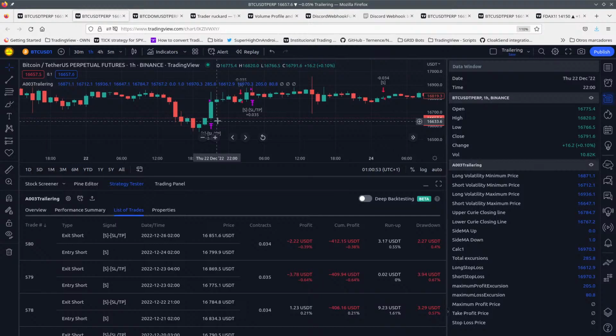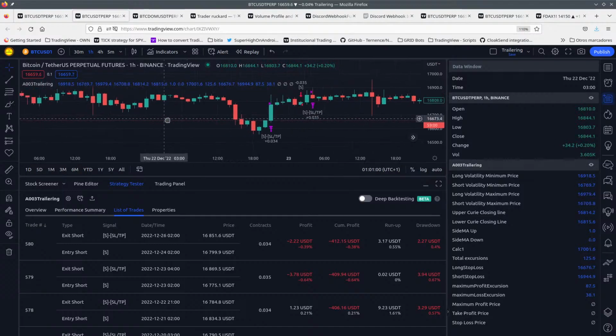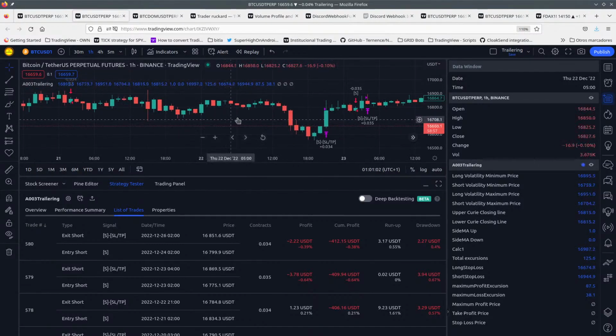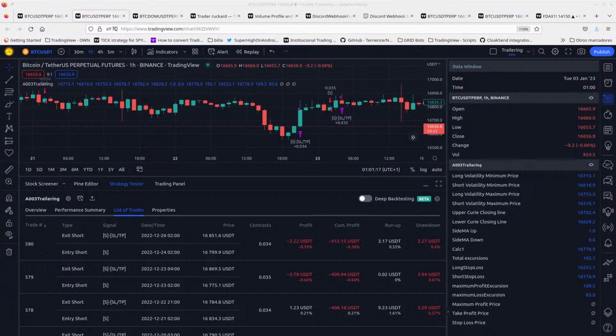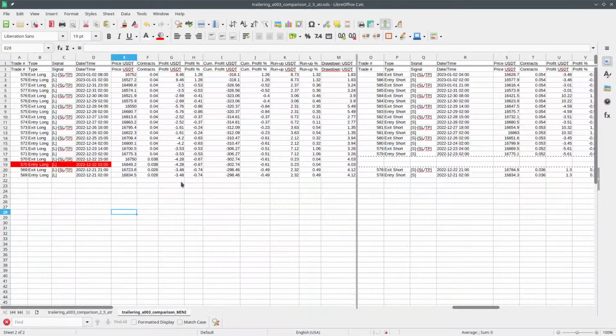So, 22. Oh, look at that. We don't have 22 of November because the trade from 21 of December is not closed, so that means that we are not doing this properly. Oh, look at that. Yeah.